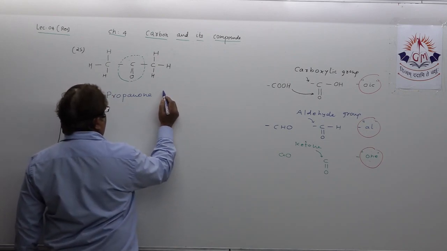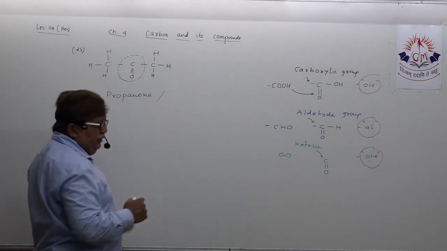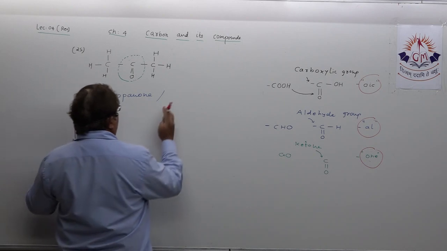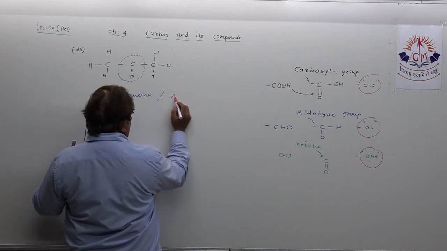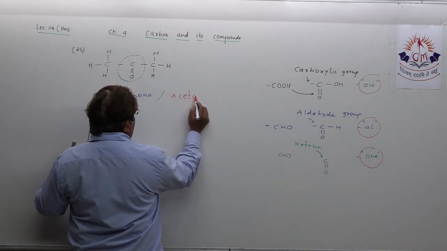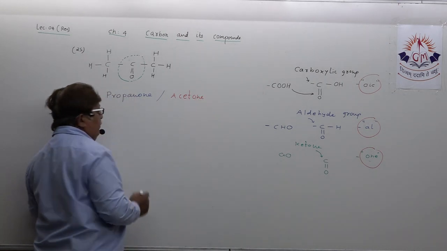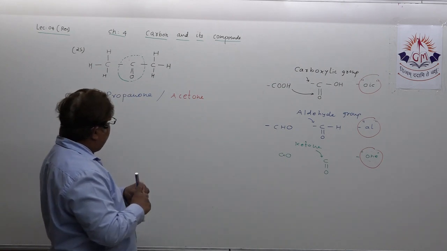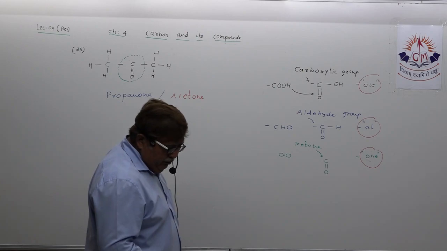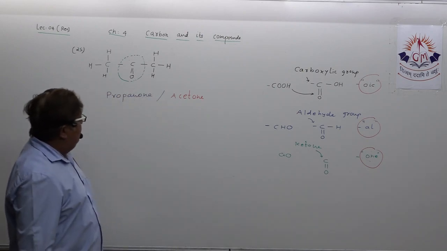This is also known by another name. If you know, dear student, it is known by one other name also that you should remember: acetone. Sometimes it is spoken that way. Understand?